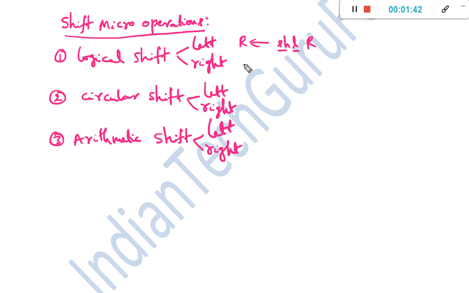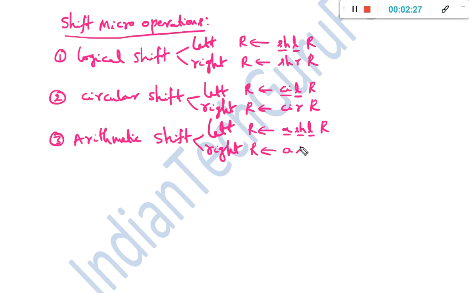Logical right shift is represented as R ← shr R. Circular left shift is represented as R ← cil R, circular left, and circular right shift is represented as R ← cir R. Similarly, the arithmetic left shift operation is represented as R ← ashl R, arithmetic shift left, and the arithmetic right shift operation is represented as R ← ashr R. Like this we represent the different types of shift operations symbolically.